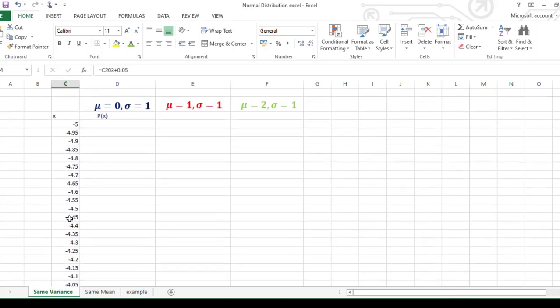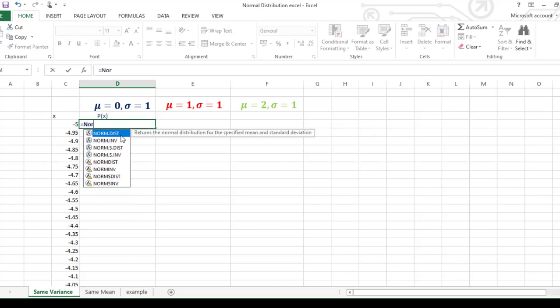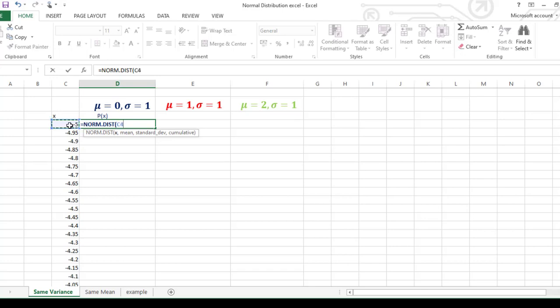Now let us give the command for the probability density function. So we will give the command for normal distribution. First we have to insert the value of x, that is the random variable, so it would be linked with this cell.